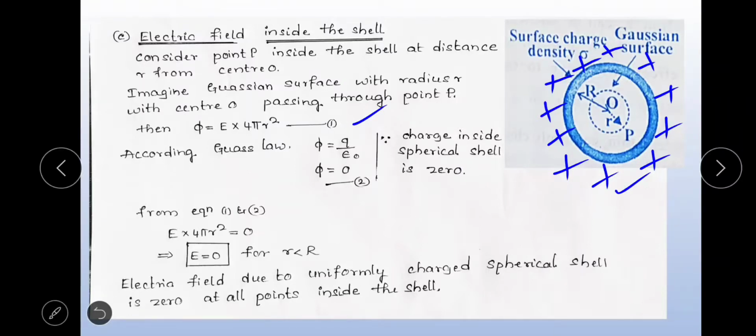Q equals 0 means phi equals 0. Okay, equation 2. From equations 1 and 2, E into 4 pi r square equals 0, hence E equals 0. Electric field due to a uniformly charged spherical shell is 0 at all points inside the shell. You may conclude that inside a charged conductor, electric field is 0.